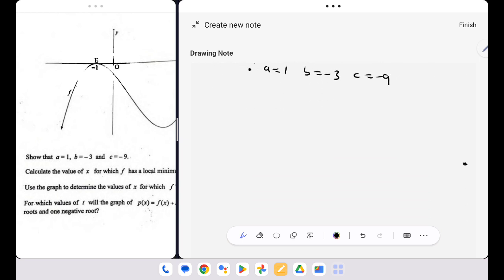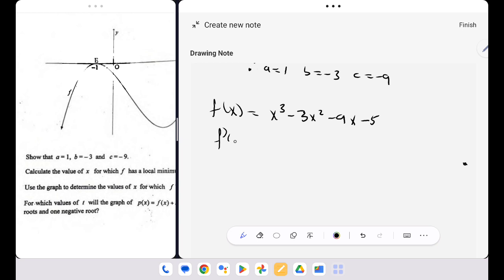And then on the second question, I'm asked to find the x value for which f has a local minimum. Now I know that f of x is equal to x cubed minus 3x squared minus 9x minus 5. I can only get a local minimum when the derivative is 0.